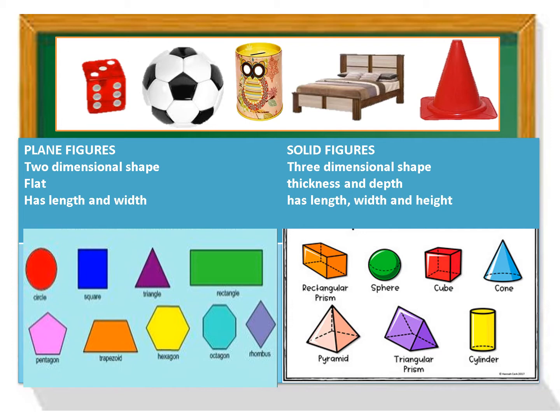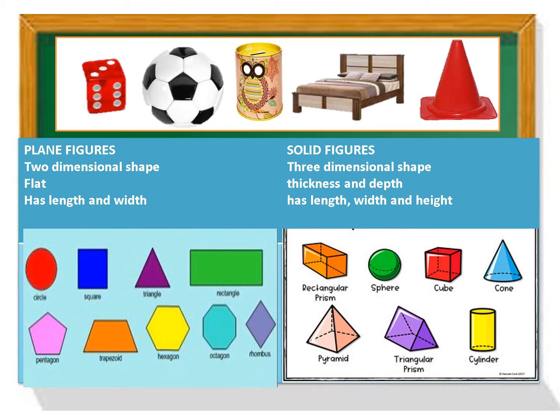These are called two-dimensional shapes or plane figures because they only have length and width. They can be composed of a straight line, curved line, or both straight and curved lines. Here are examples of plane figures: circle, square, triangle, rectangle, pentagon, trapezoid, hexagon, octagon, and rhombus.